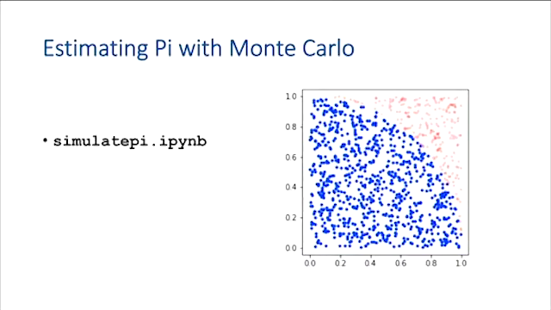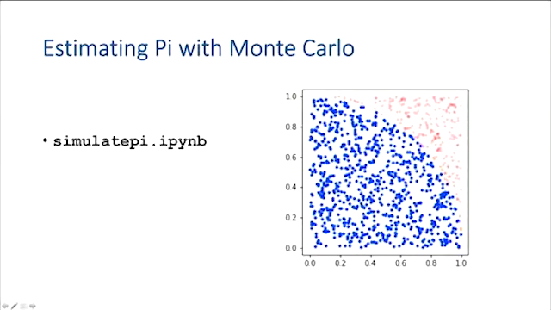Okay. So here is the basic idea of estimating pi via Monte Carlo. What you do is look at a quarter circle. And we know that the area of the quarter circle is pi divided by 4, because the total area was pi if you have the whole disk, I should say, the quarter disk.